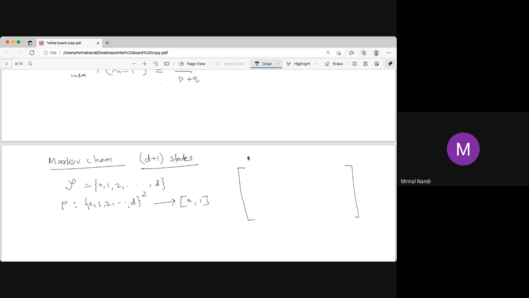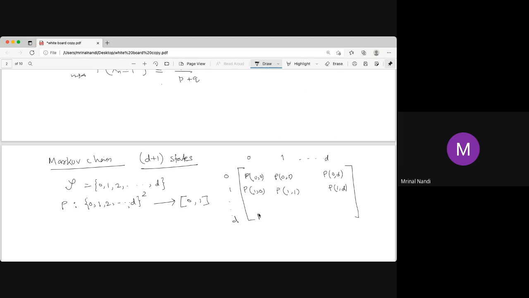Say the rows are 0, 1, 2, up to d, and the columns are 0, 1, 2, up to d. Here we write P00, 0 to 0. Next P01, remember it is not 1, 0, it is 0, 1, so 0 to 1, up to P0d. Similarly P10, P11, up to P1d.